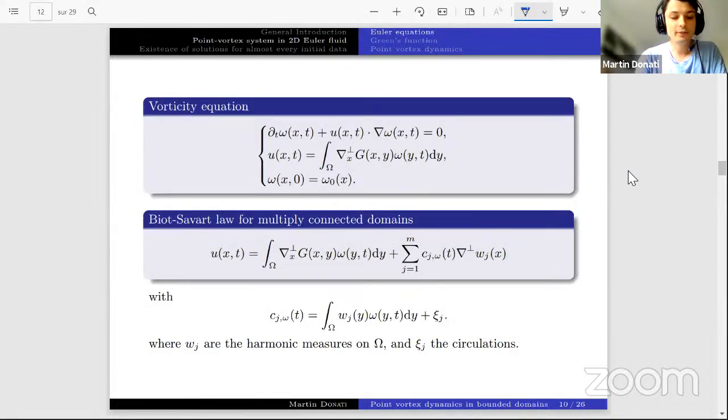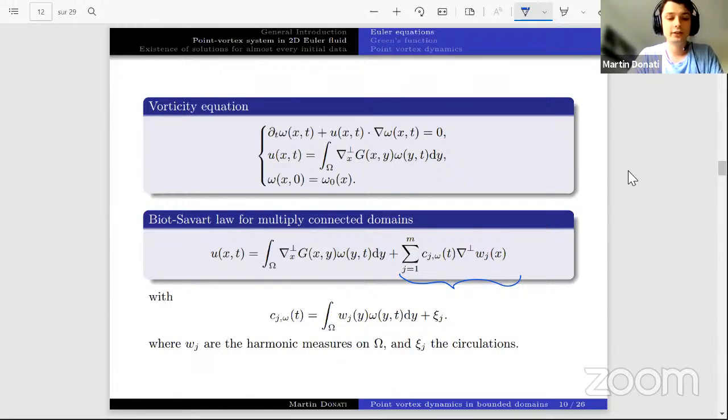In the case of multiply connected domains, though, the Biot-Savart law changes a bit because you have to add a term when you compute the inverse of the Laplacian. And this term depends on the harmonic measures and the circulations. You don't have a unique solution when you invert the Laplacian. You have a space of solutions that depends on those circulations.